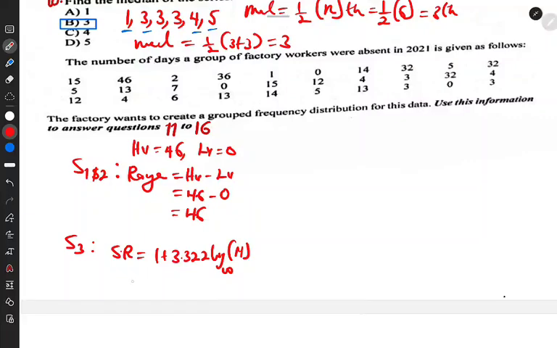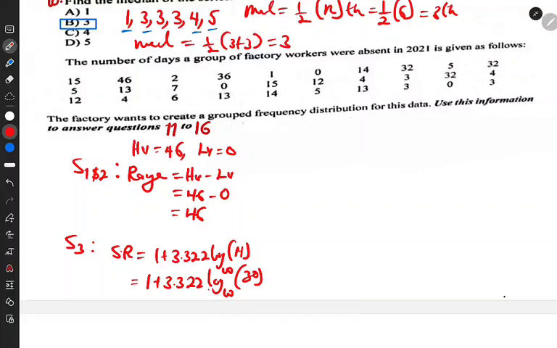So we can straight up do our substitution. We have 1 plus 3.322 log 30 to the base of 10. So in summary, what do we get?